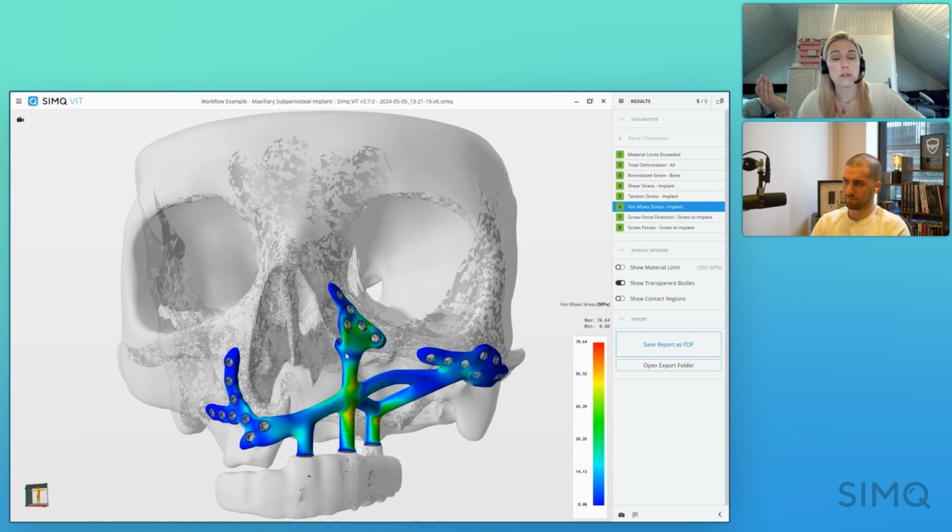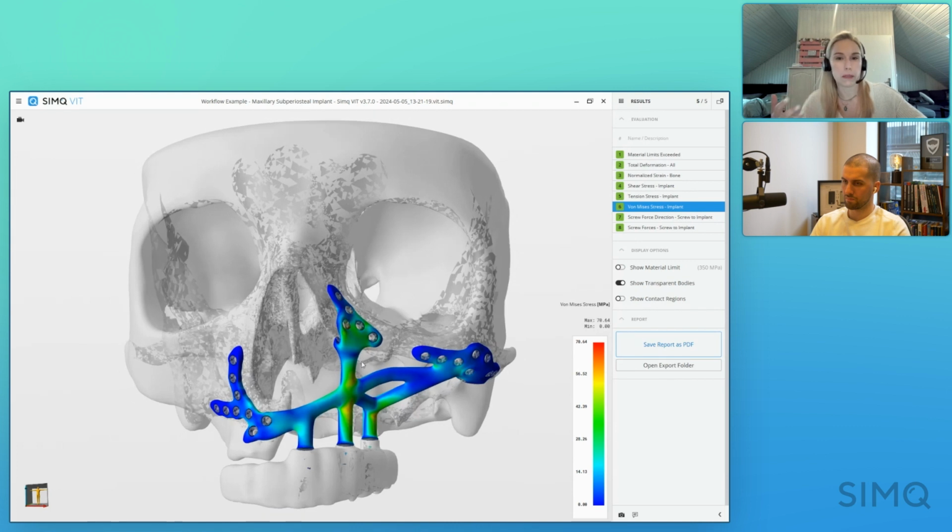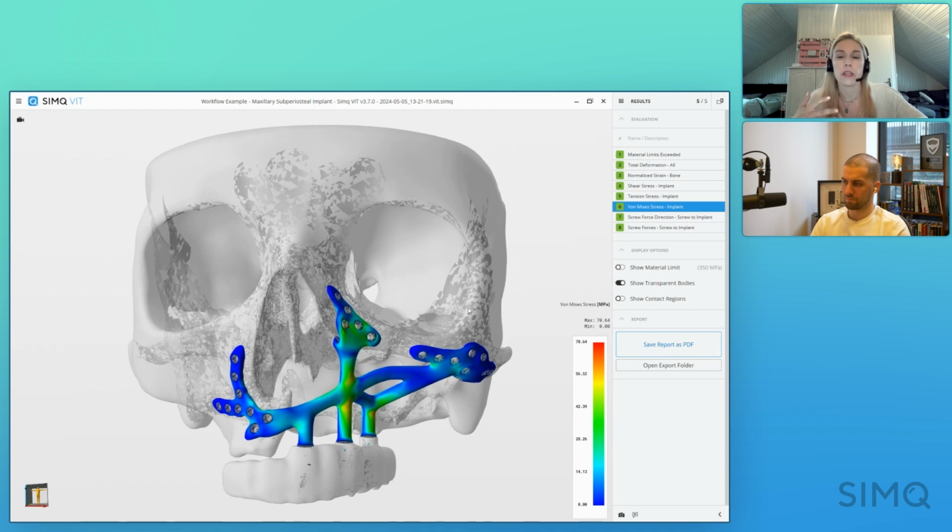If you wanted to improve the design, you could say, okay, what if I connected this piece here, or what if I put another bar here? Would that make this a little bit more blue, or what have you? So those are the things that VIT can help with. So that's what I think is really great.